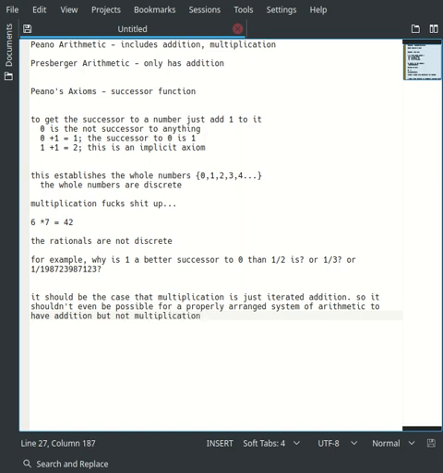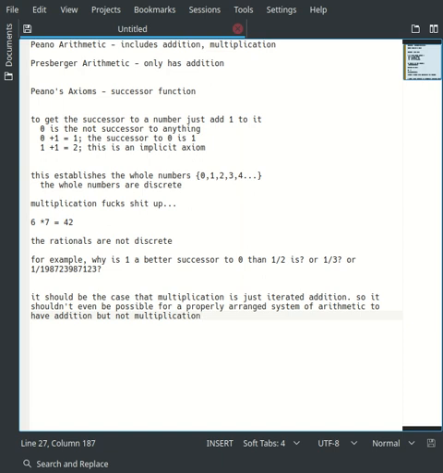And yet here you have Presburger arithmetic, which is modified Peano arithmetic. And the only modification is you removed multiplication. You should not be able to do that. It should be impossible to take out multiplication if you have addition.